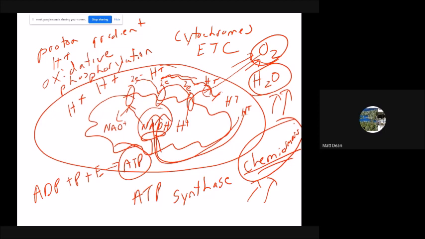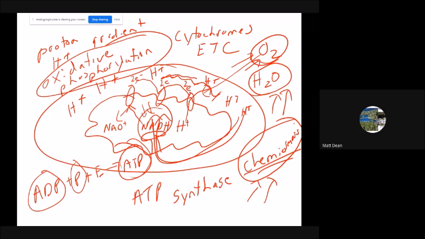The energy and electrons are taken from those. Their electrons and their energy are used to power the pumping of the H plus gradient. And the H plus gradient then provides the energy to phosphorylate ADP to make ATP. So that's why we'll sometimes hear this called oxidative phosphorylation. Oxidation of the electron carriers, where the energy from those electron carriers is used to phosphorylate ADP to make ATP.